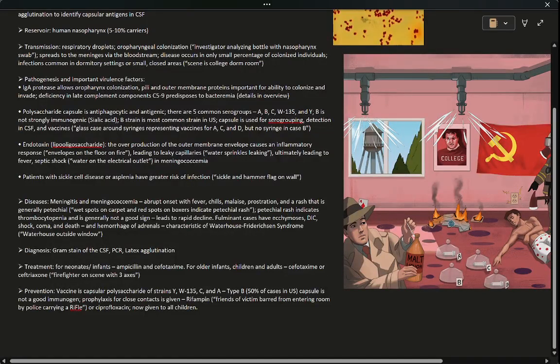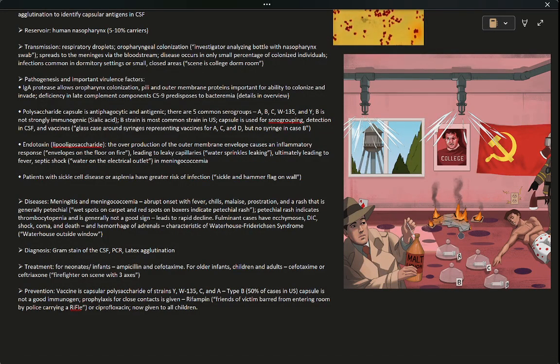And the envelopes signify the outer membrane envelope that causes an inflammatory response. This is then going to lead to the leaky capillary formation, and that ultimately leads to fever and a septic shock in cases of meningo.